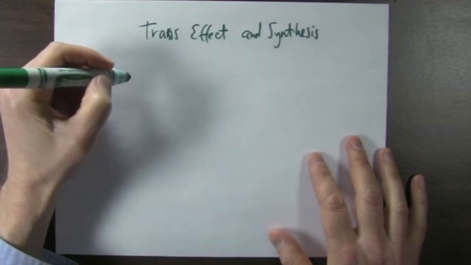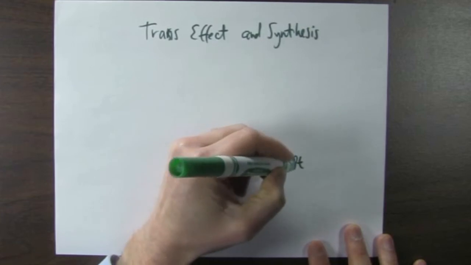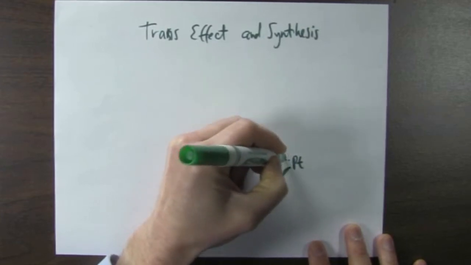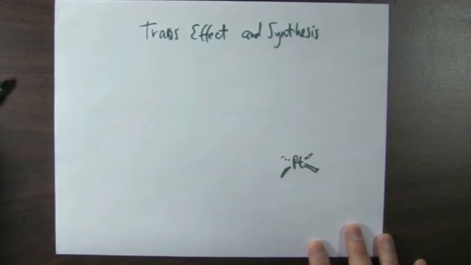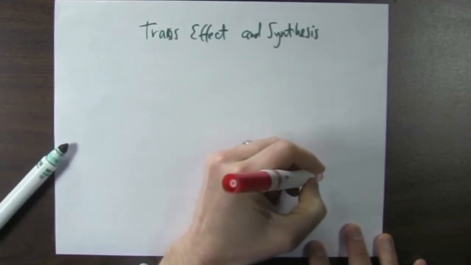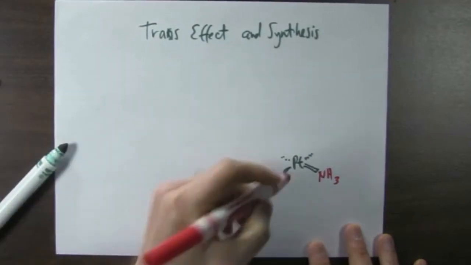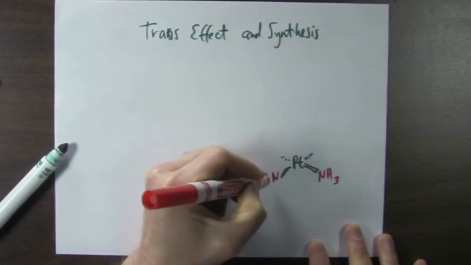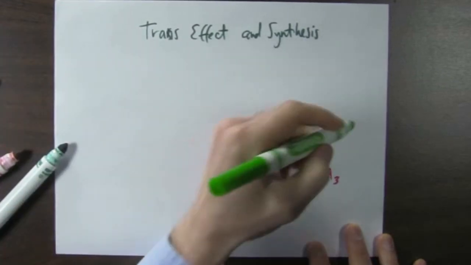Let's consider an important inorganic molecule that's square planar, and that is the platinum complex, a square planar complex of 2 ammonias and 2 chlorides.